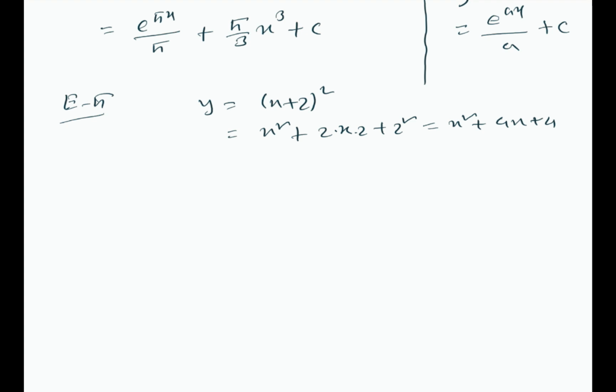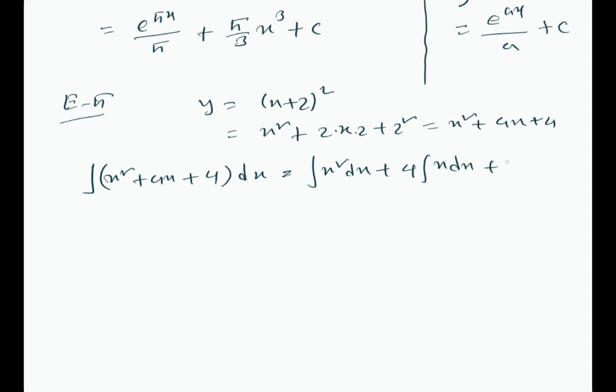So the integral of this function x square plus 4x plus 4 is equal to the integral of x squared dx plus, we can factor out this 4, so 4 times the integral of x dx plus 4 times the integral of dx. So here you consider we have 1.